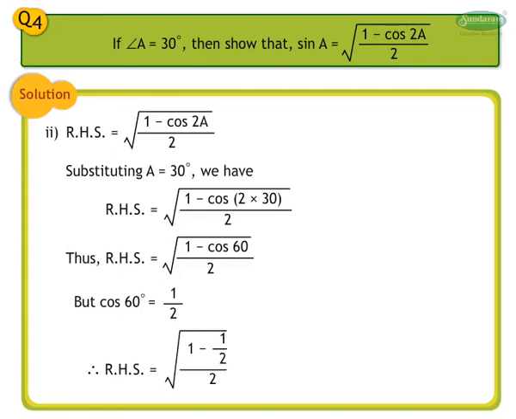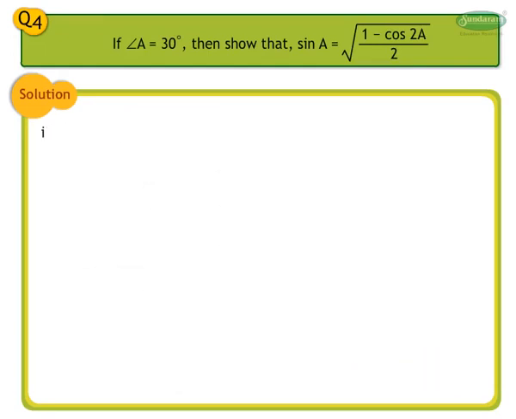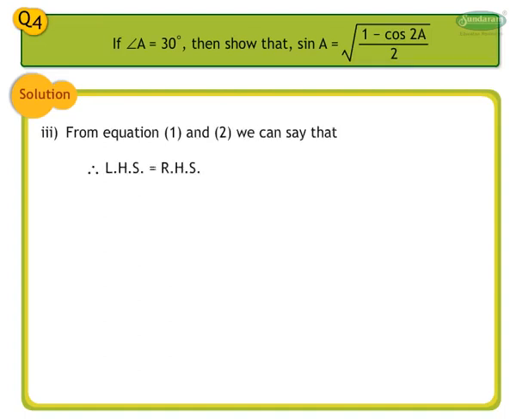Therefore, right-hand side is equal to root of 1 minus 1 upon 2 the whole upon 2 is equal to root of 1 upon 2 upon 2 is equal to root of 1 upon 4 is equal to 1 upon 2. Mark it as equation 2. 3. Thus, from equations 1 and 2, we can say that left-hand side is equal to right-hand side. Thus, sin A is equal to root of 1 minus cos 2A upon 2.